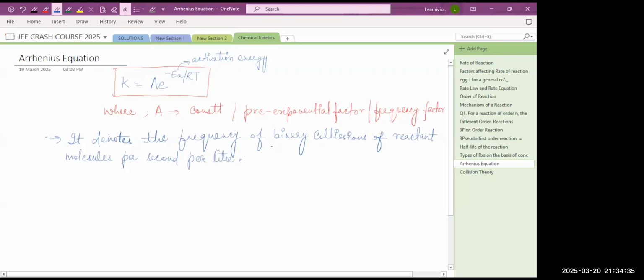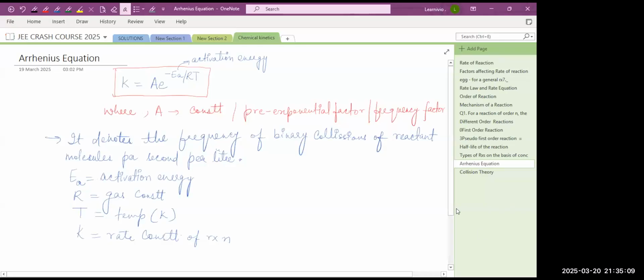And here Ea is your activation energy, R is your gas constant, and T is your temperature, which is in Kelvin. And you all know that k is your rate constant. It is the rate constant of the reaction.